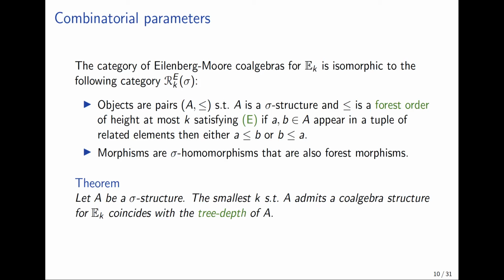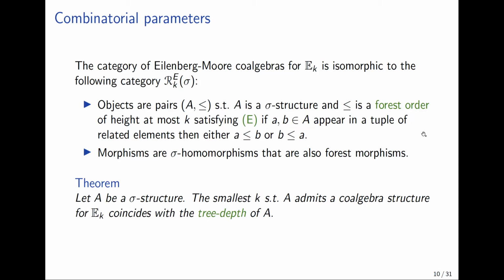What that means is that if you fix any element in the structure A and look at all the elements below it, then this is a chain of cardinality at most k. And then the important condition is that the forest order is compatible with the sigma structure, which means that whenever you have two elements which appear in a tuple of related elements, then they must belong to the same branch of the forest.